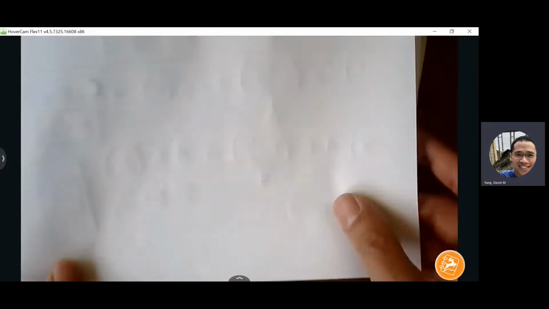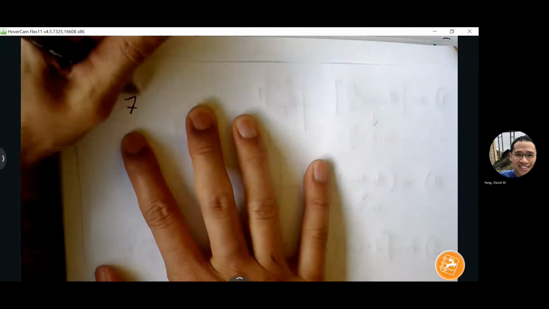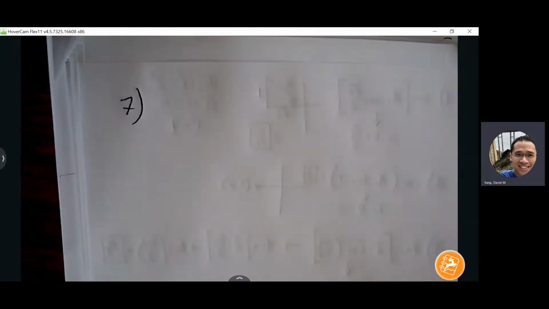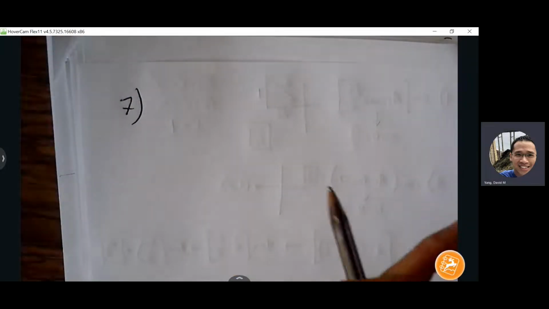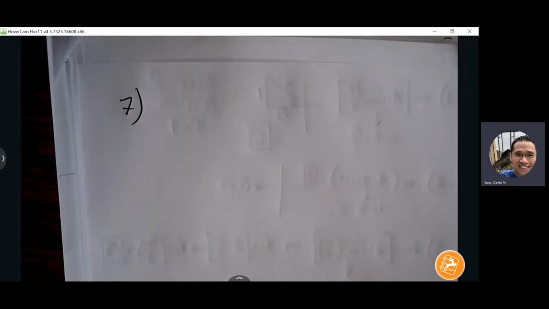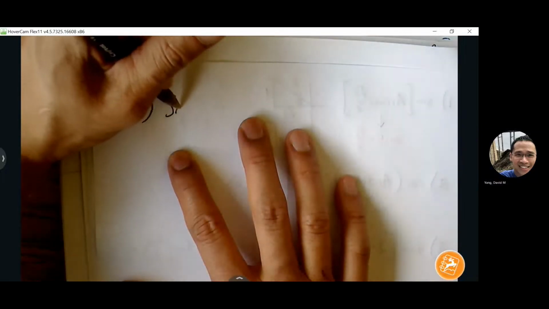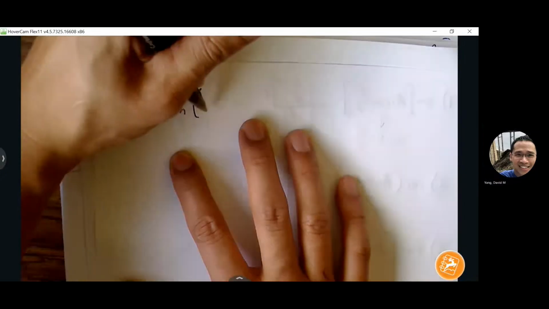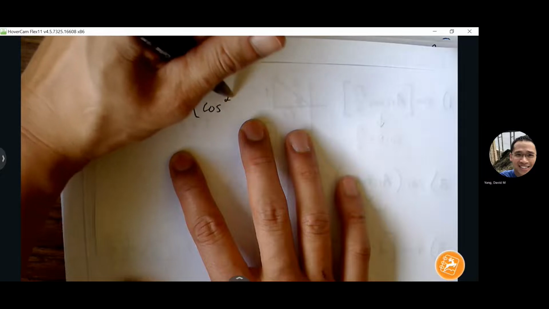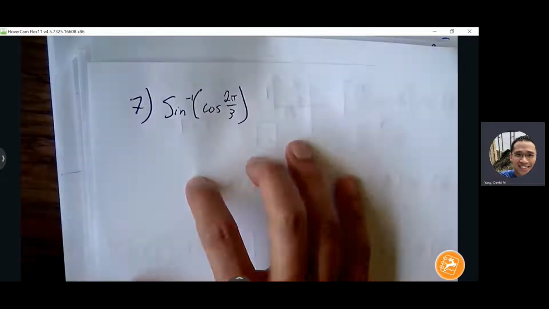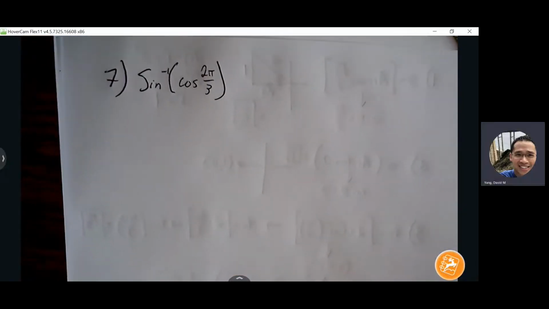All right, number 7. Start inside first, figure out what cosine of 2 pi over 3 is.